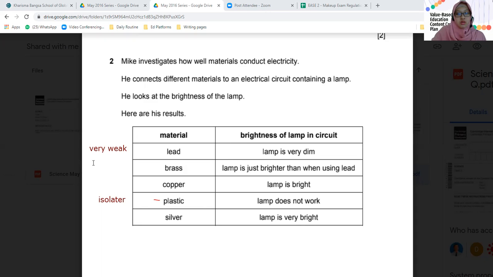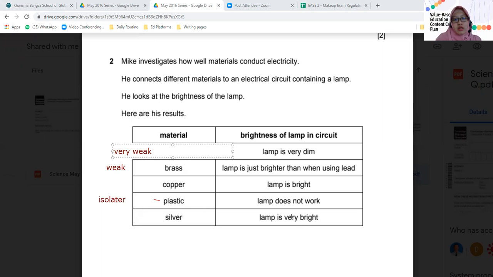So brass is brighter than lead: brass is weak and lead is very weak.